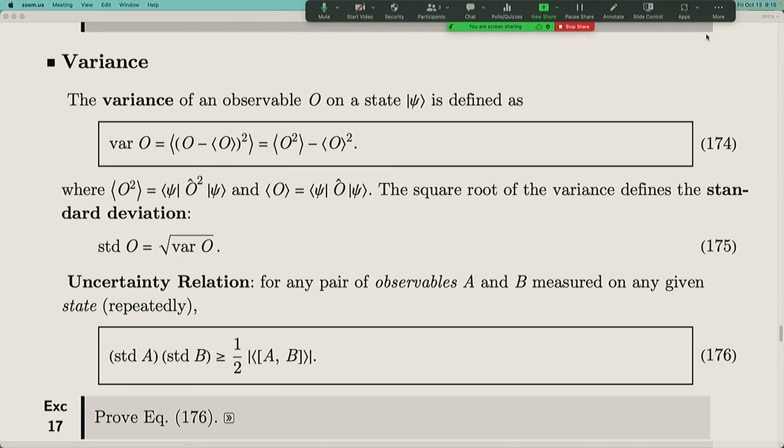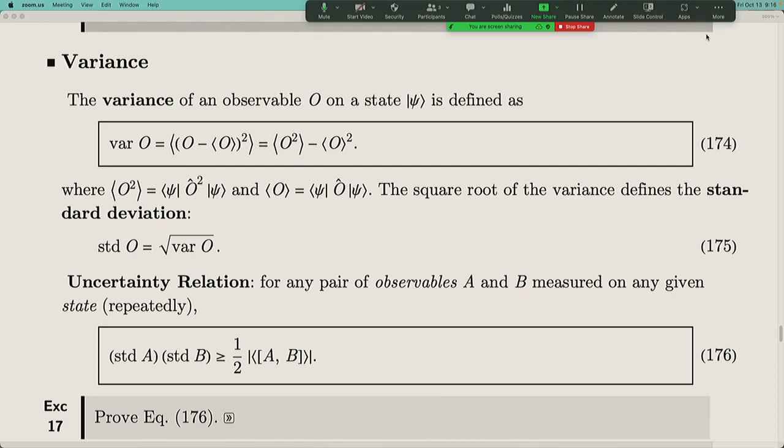In statistics, variance is defined in this way: if you have a random observable or random variable, you subtract the mean from the variable such that you obtain the deviation. And then you square the deviation, because if you just compute the deviation and then average it immediately, it will be 0, right?